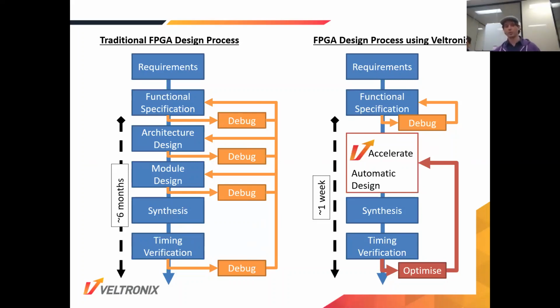With Accelerate, we try to compress down a lot of the design, synthesis, and timing verification and architectural decisions into one loop so that we can iterate through that quicker, but also so that we can take some C source, which is our functional specification, and quickly put that through a design process and create an FPGA accelerator for it.